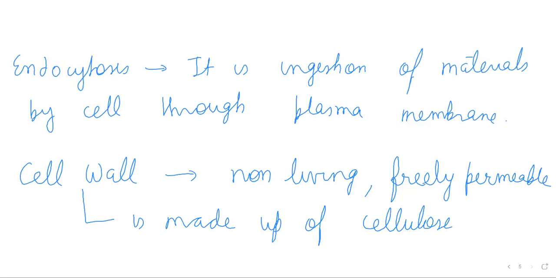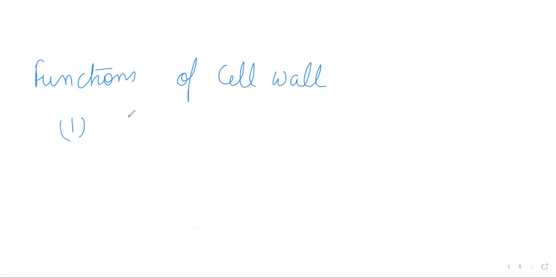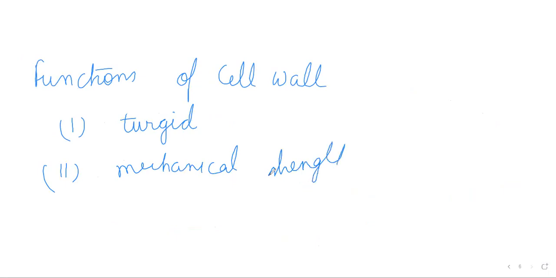Let me write the function of cell wall. It makes the plant cell turgid. Provides mechanical strength to the cell.